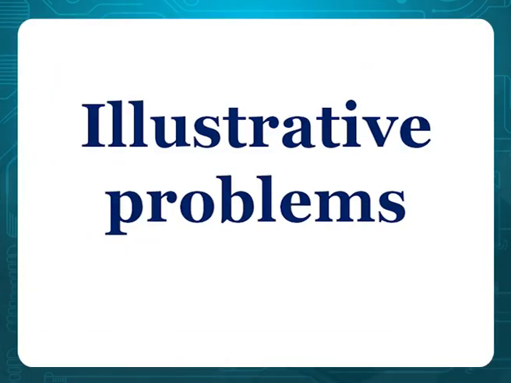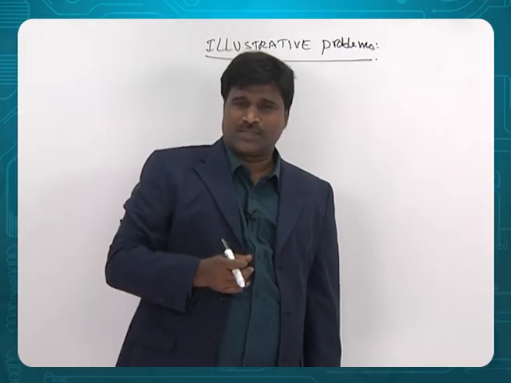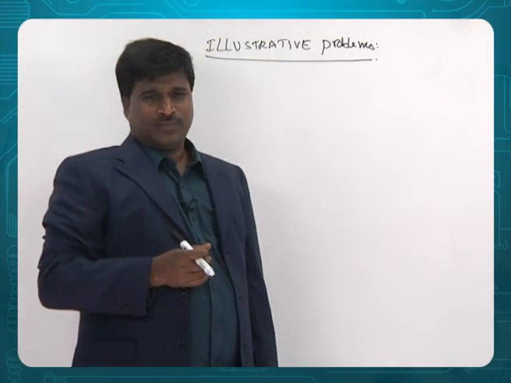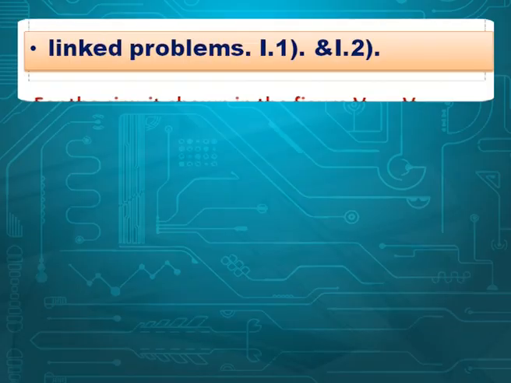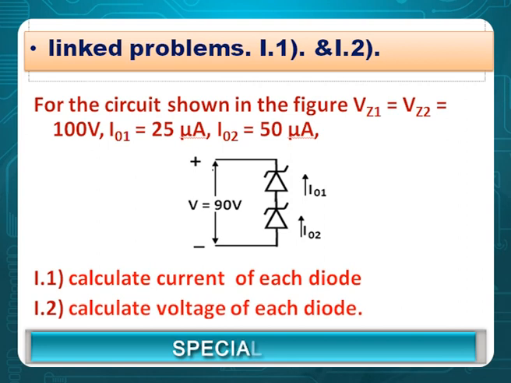We will see illustrative problems, illustrative examples. The first question is a linked question. For the circuit shown in the figure, VZ1 and VZ2 are 100 volts. I01 is 25 micro, I02 is 50 micro, and the voltage given is 90. We have to calculate the current of each diode and the voltage across each diode.